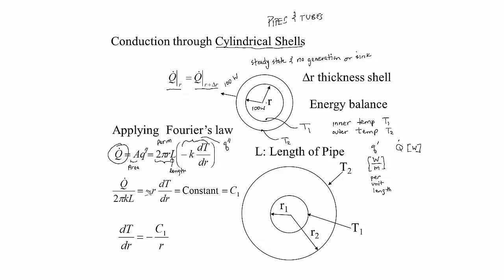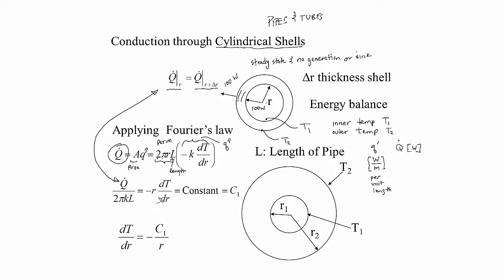When we reformulate this, dividing through by 2 pi kL, we have that Q dot over 2 pi kL is equal to minus r dT/dr. We said earlier that Q dot is a constant, that no matter where we are at any radius within this pipe, Q dot is the same value.